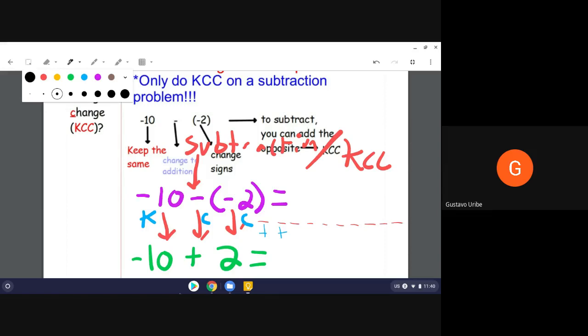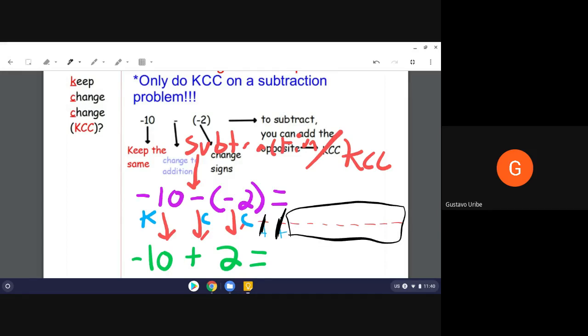If you want to talk about this in terms of money, this would be you have $2 and you want to buy something that costs 10. How much more money do you need to be able to buy this? So I'm going to cancel this out. I'm going to cancel this out because a positive and negative cancel. And I am left with all of these. So we're going to count them. 1, 2, 3, 4, 5, 6, 7, 8. I am left with 8 negatives. So you need $8 more to buy something that costs $10 when you only have 2.